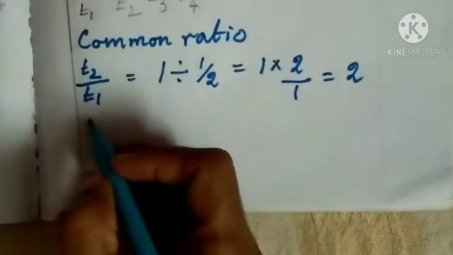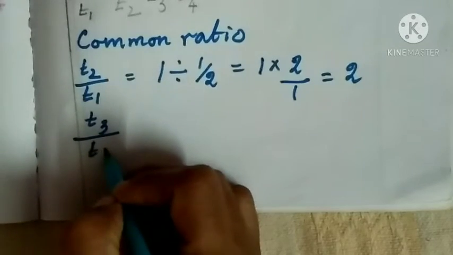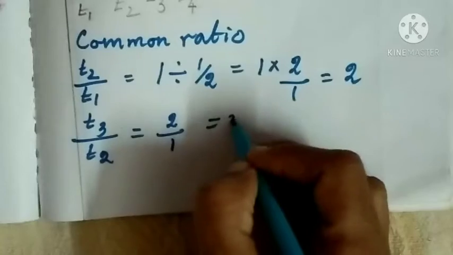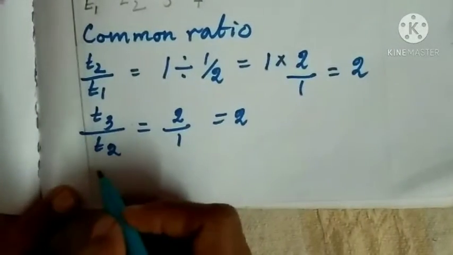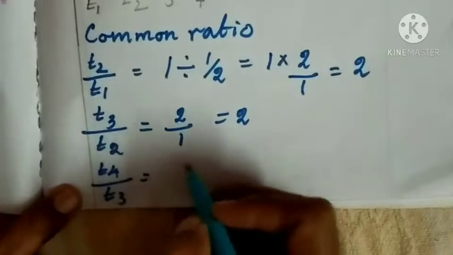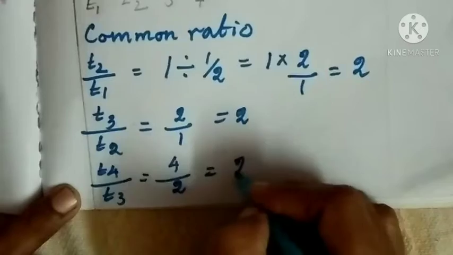Then next you have to find T3 by T2, which is equal to 2 by 1, which is equal to 2. Similarly, T4 by T3 is equal to 4 by 2, which is equal to 2.